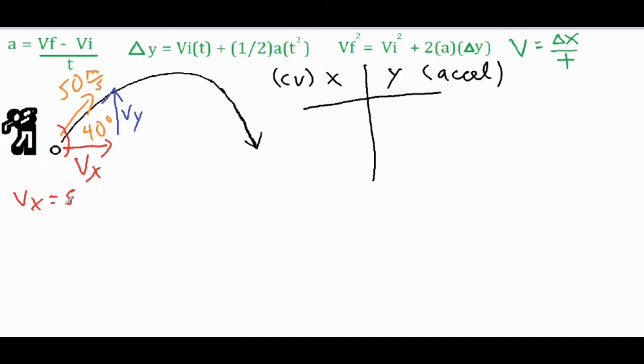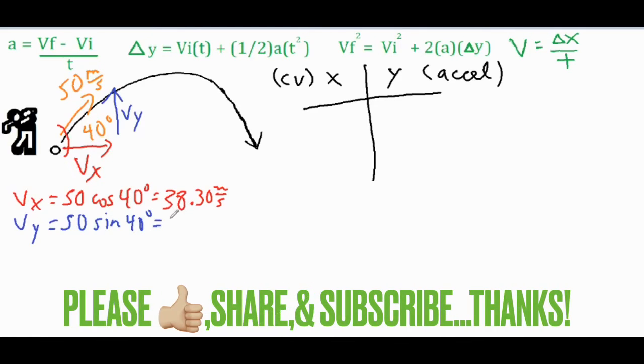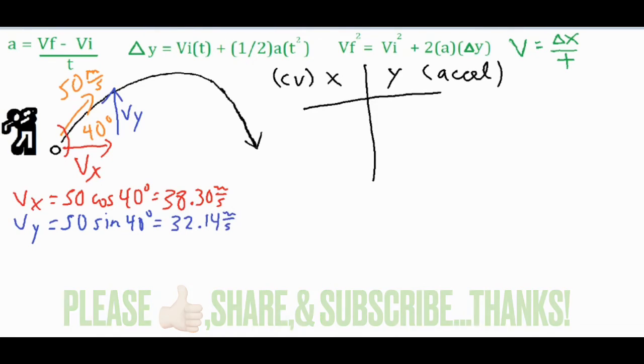So Vx is going to be 50 times the cosine of 40 degrees, which equals 38.30 meters per second. Then we do something similar for the side opposite the 40-degree angle. For Vy, we use the sine because sine utilizes the opposite side of our triangle along with the hypotenuse. That gives us a velocity of 32.14 meters per second.